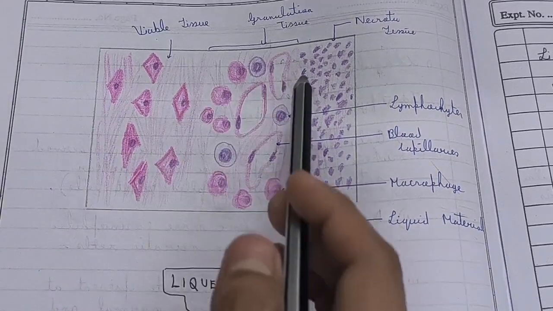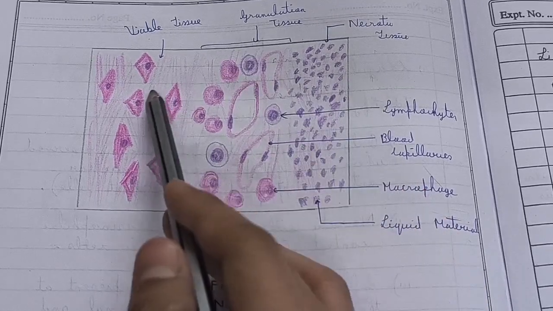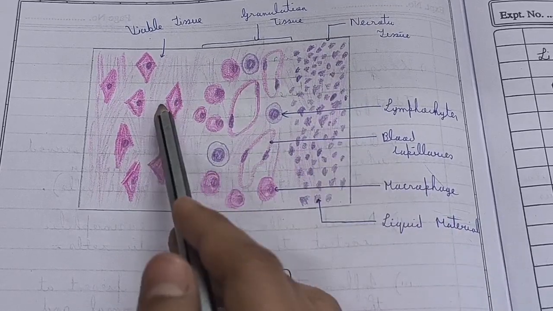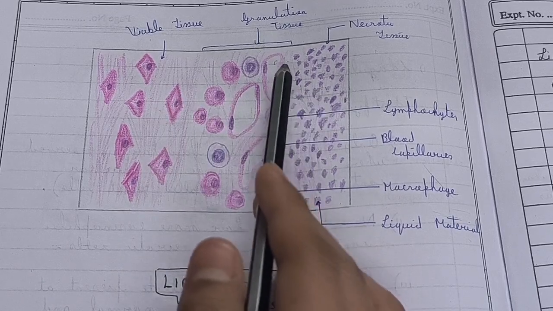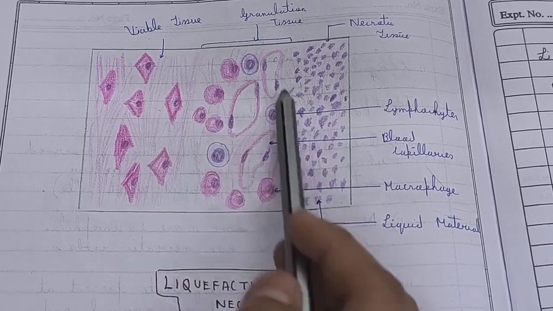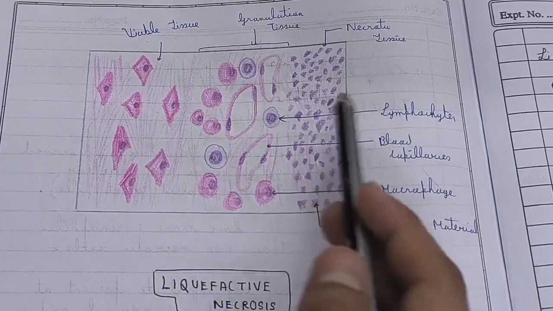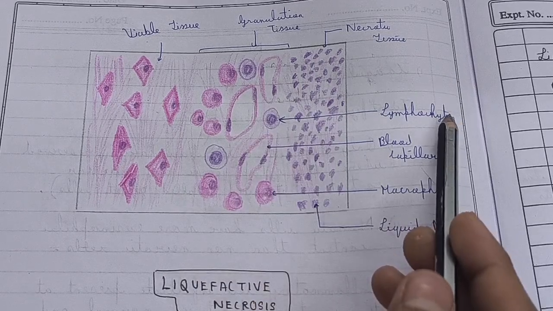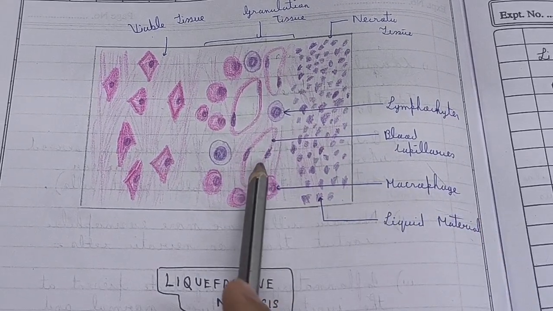You should also know that these are the viable cells, normal cells or non-necrotic tissues, and these are the necrotic tissues. Between these viable and necrotic tissues a junction is present, and in this junction you can see granulation tissue with lymphocytes, macrophages, and blood capillaries.